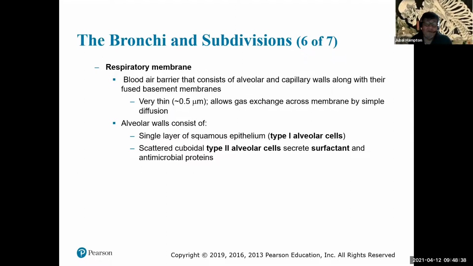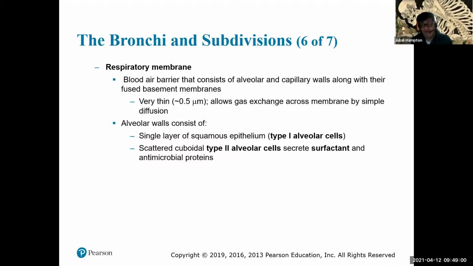You begin making surfactant about a couple of weeks before you're born. And so, having created this, your lungs on your first inhalation will stay open.